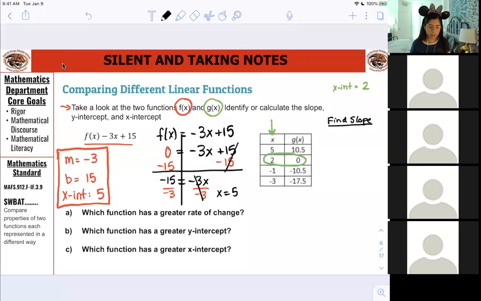But I want you guys to try this on your own now. I'm not going to write it until I hear from some people and get some answers. Pick 2 points, use the formula, see what you get for slope. I'll give you guys about 2 minutes to work it out on your own.